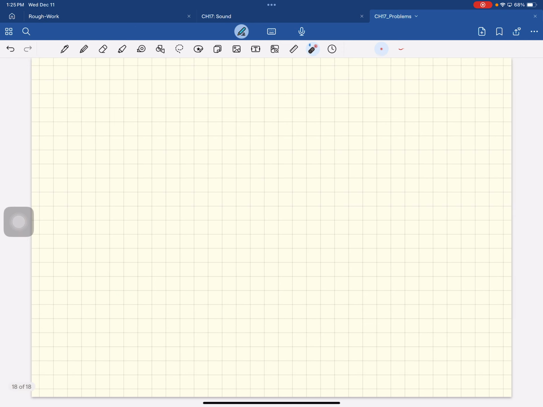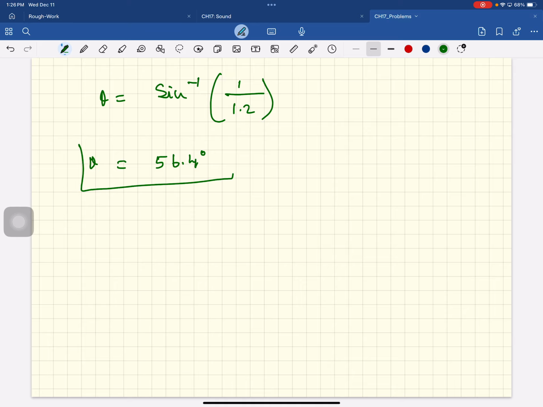So theta is sine inverse of one over 1.2, since the speed of the plane was 1.2 times the speed of sound. So it's 56.4 degrees. That's the angle of the shock wave.